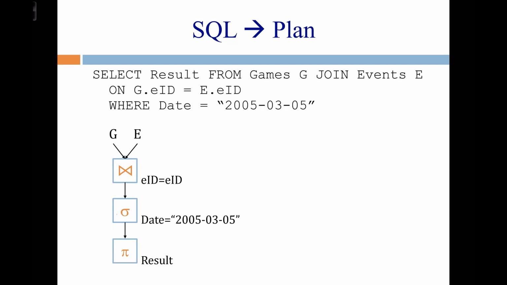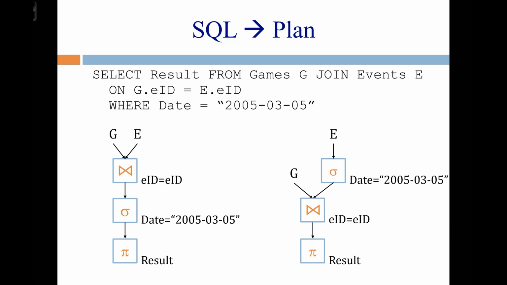Here is another way we could process this query. We could start with just the events table and filter out the events that took place on that date. There's probably only one of them, or maybe two, but a very small number. Then the output of that temporary relation is very small, and we can join that with games.